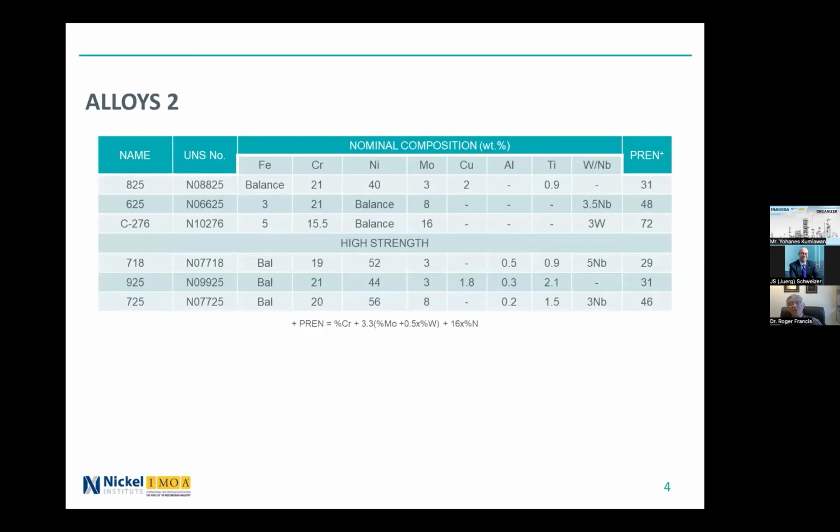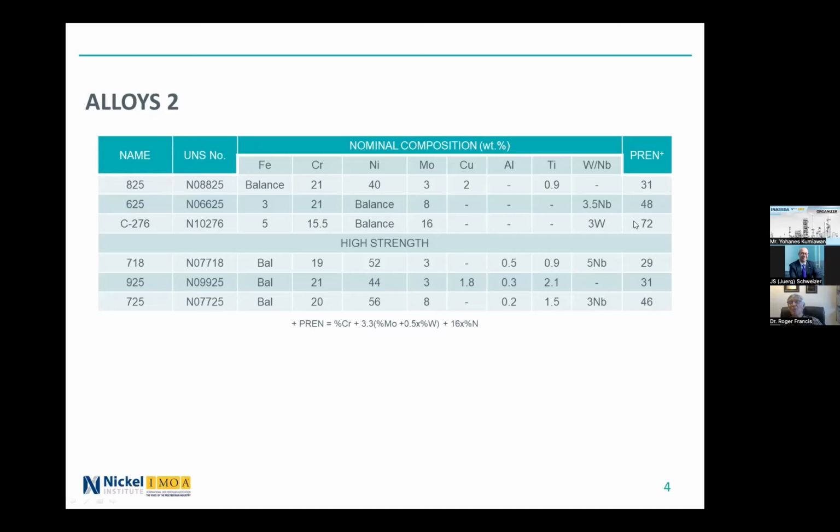Now I'm not going to cover a huge range of nickel alloys. I'm just going to talk about the ones that are commonly used in the oil and gas industry. And this has basically been divided into two, where the first three alloys here are used in the solution anneal condition. These are higher nickel, moderately high chrome, and also lots of molybdenum for extra corrosion resistance. And some of them have other alloying additions such as niobium, titanium, or tungsten.